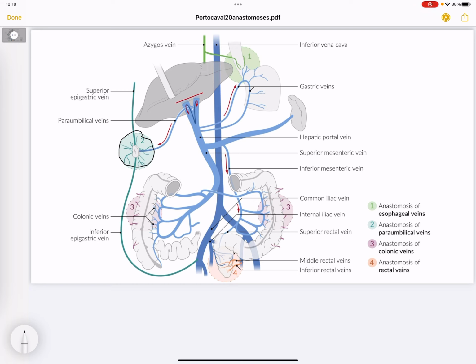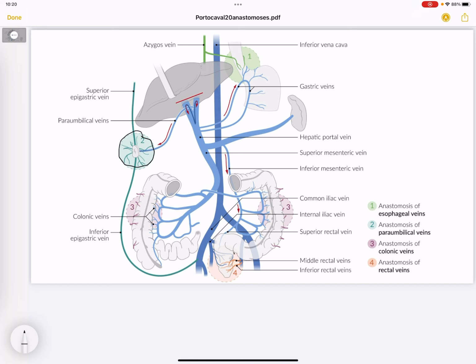Now, what is the portal system and the caval system? The portal system refers to all the veins that are going to travel to our portal hepatic vein, either directly or indirectly. And the caval system refers to all the veins that are going to either directly or indirectly travel to our inferior vena cava and our superior vena cava before it reaches the heart.